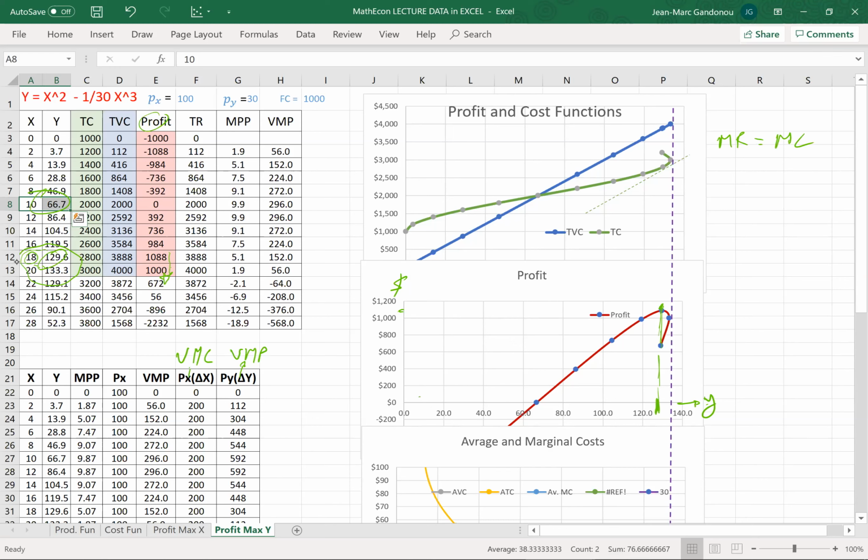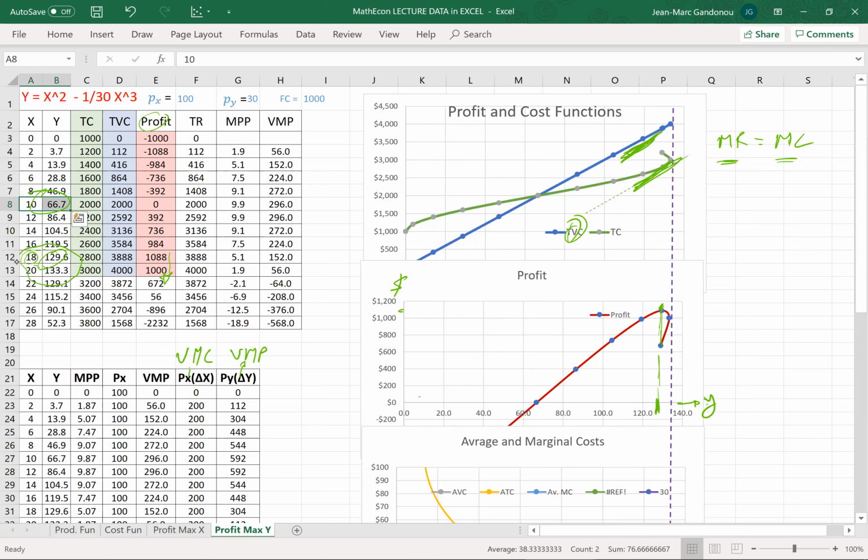That means the slope of marginal cost and the slope of marginal revenue are the same. We take variable cost because fixed cost is fixed, so it doesn't affect anything. The derivative of a fixed cost is 0. So we are really interested in the variable cost.